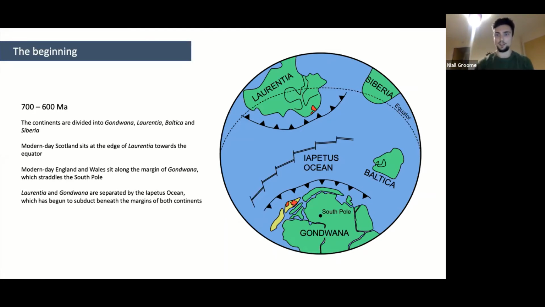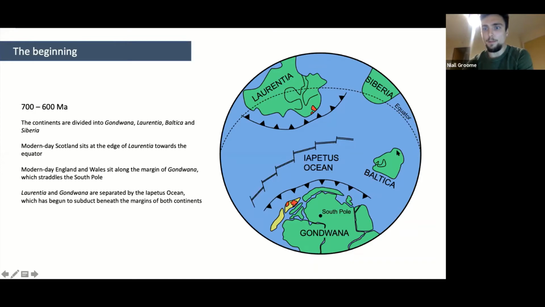In the south, along the South Pole, we have the continent of Gondwana. Gondwana is a very large landmass made up of Africa, South America, Australia, Antarctica, India. So a large area which covers a large span across the South Pole.